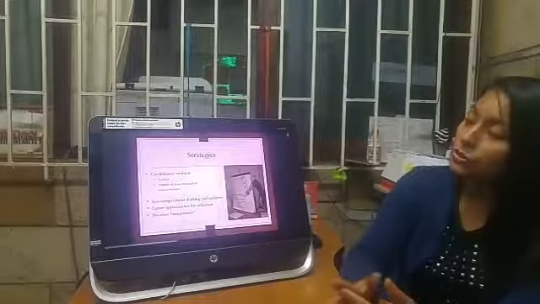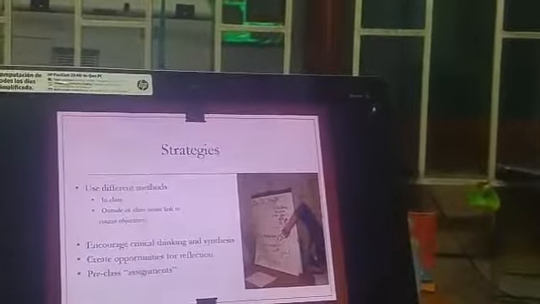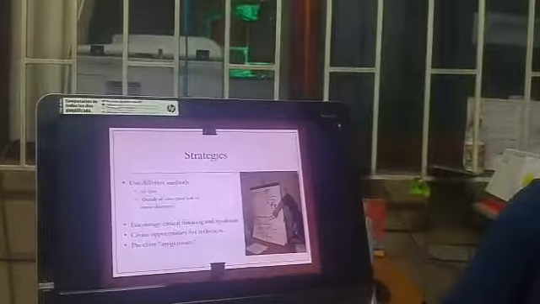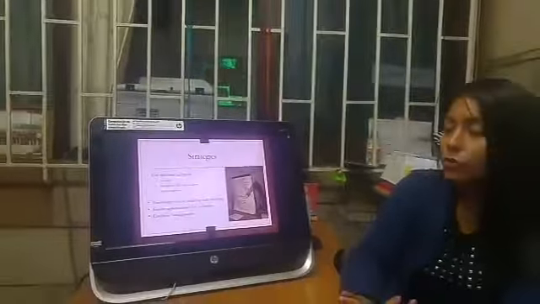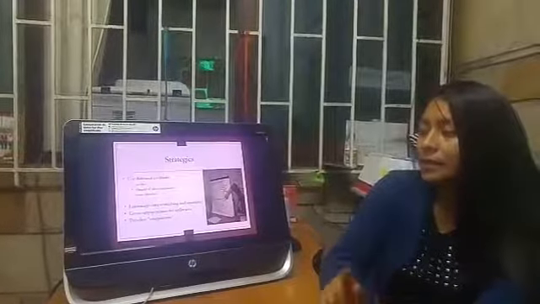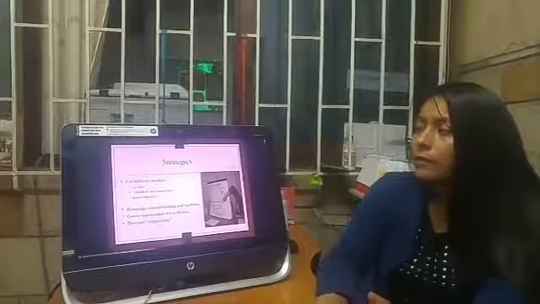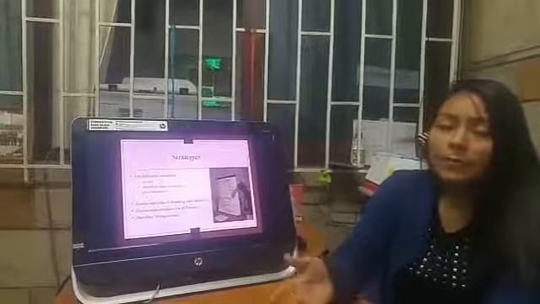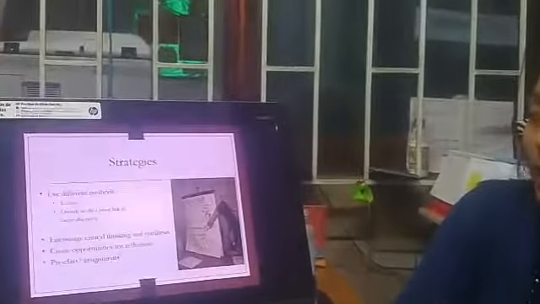The strategies are to use different methods, encourage critical thinking and synthesis, create opportunities for reflection, and pre-class assignments. Use different methods in class and outside of class.